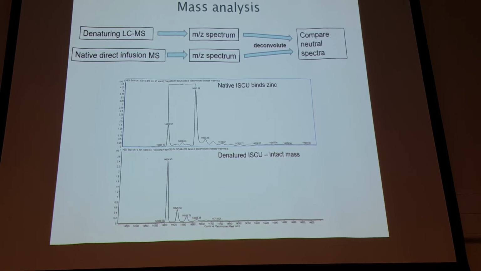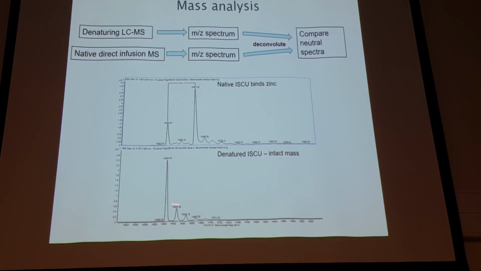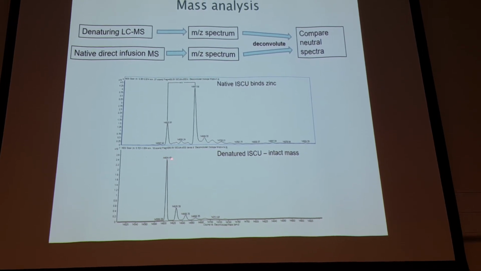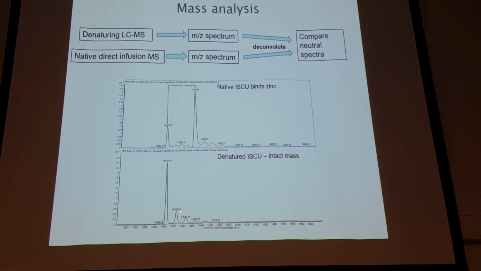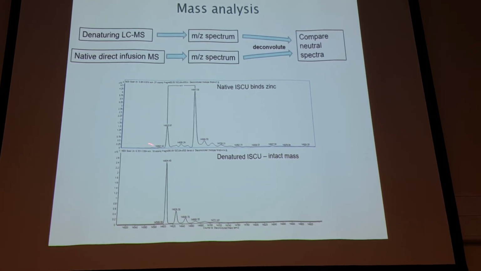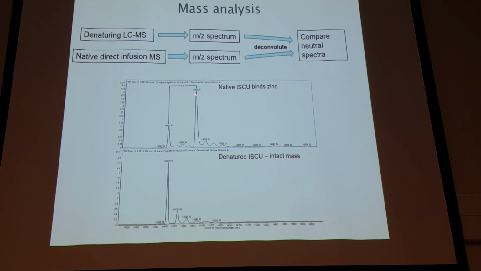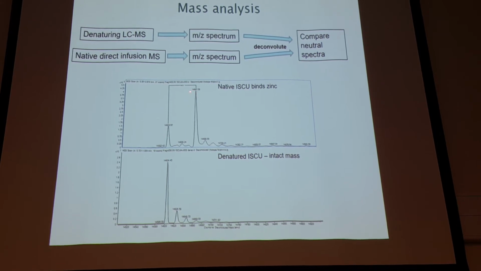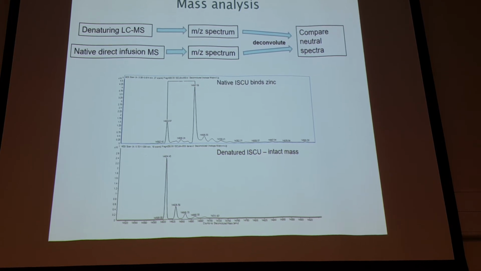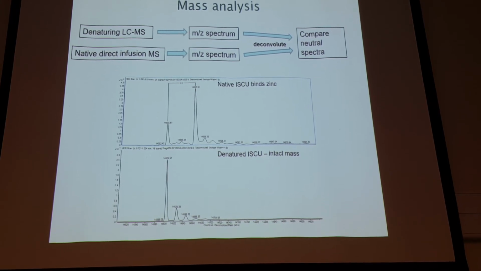Now, you don't always see this, but if you do see it, this is your denatured spectrum. That's your expected unmodified mass. These are sodium adducts. In your native spectrum, most of the sodium adducts have gone, but we now have this second peak. And as you can see, this is plus 64. This corresponds to either addition of zinc or copper.